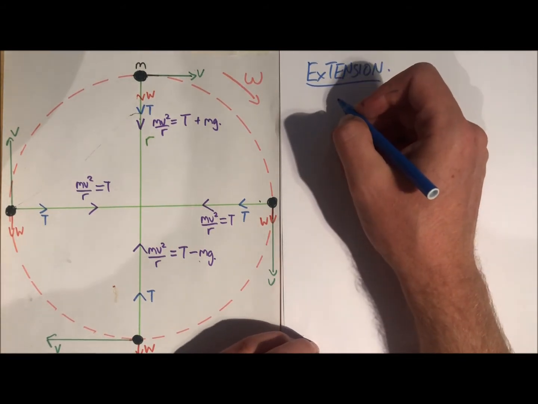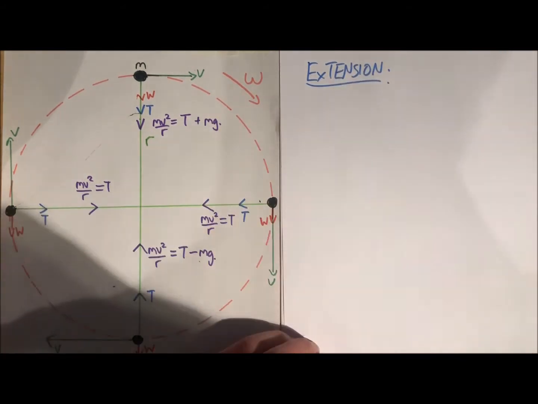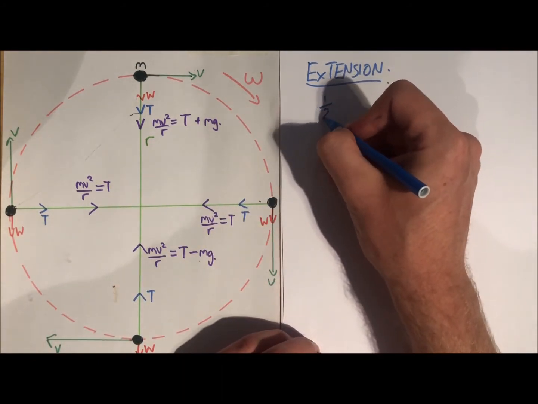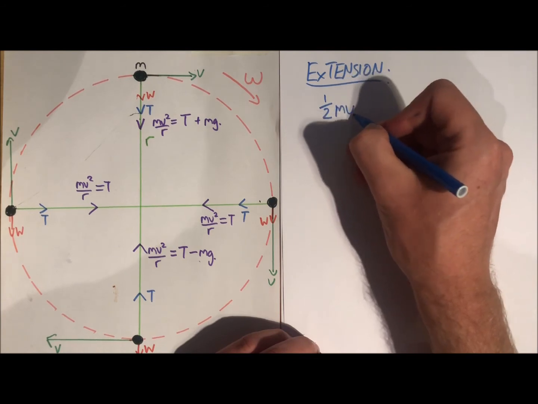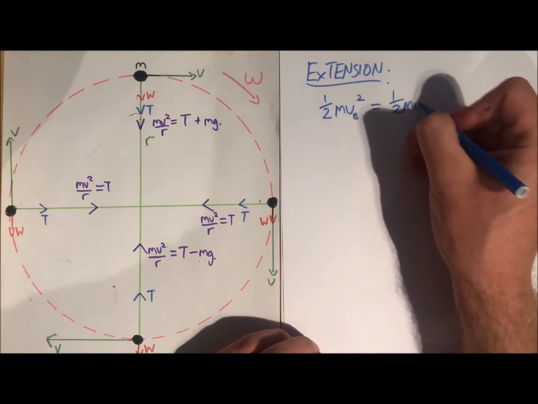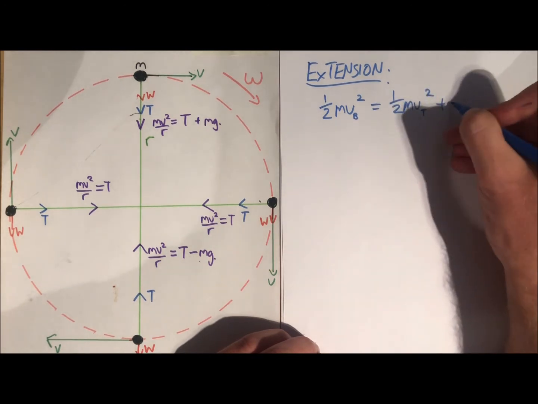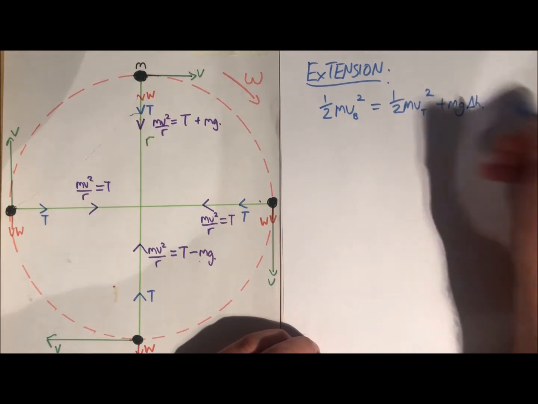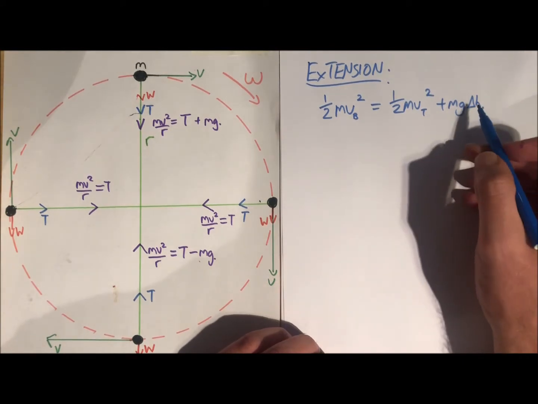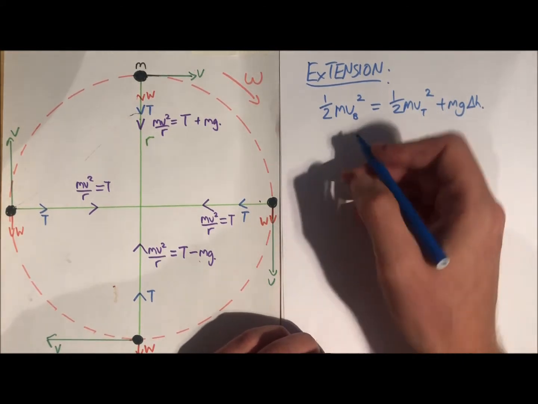So we can do that relatively straightforwardly if we go back to the idea of conservation of energy. So we've already said that half mv at the bottom squared was equal to half mv at the top squared plus mg delta h. Okay, we've already said delta h was 2r, so we're going to put that in.